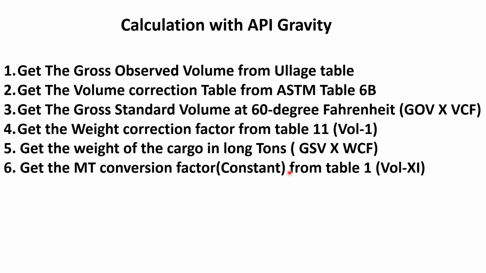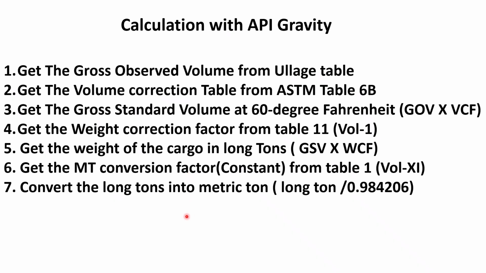Once you get the long tons, you get the constant from table 1 and convert it into metric tons. That constant is 0.984206. You just divide the long tons by 0.984206 and you get the metric tons.